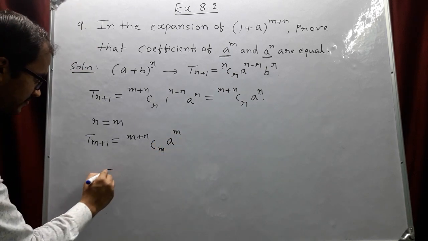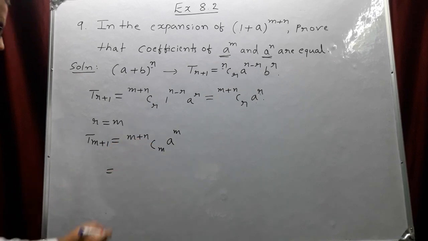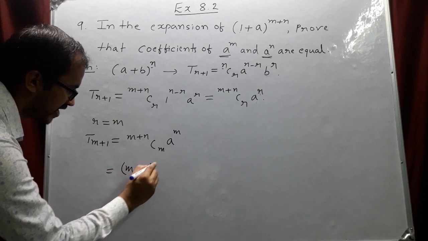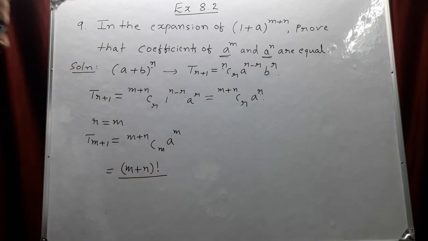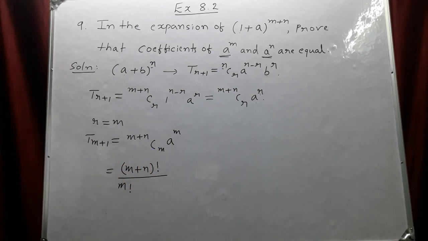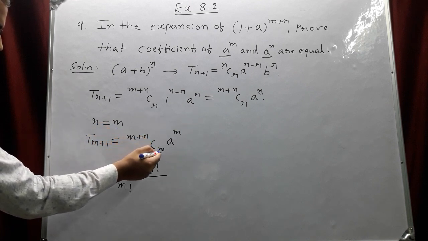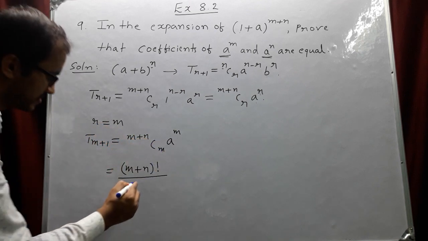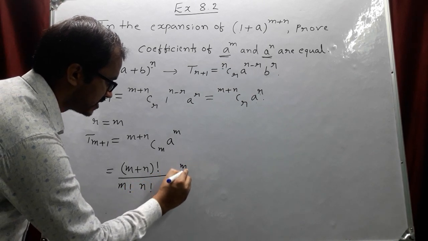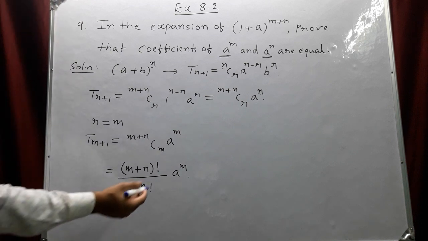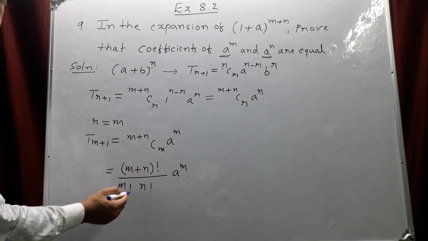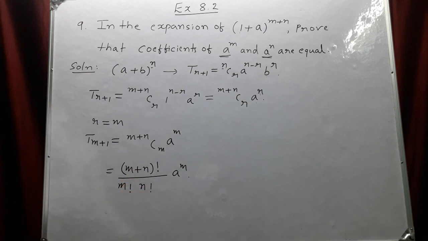So simplifying (m plus n)Cm, we will get (m plus n) factorial divided by m factorial into (m plus n minus m) factorial. So m will get cancelled, n factorial into a power m. So we got the coefficient of a power m as (m plus n) factorial by m factorial into n factorial.